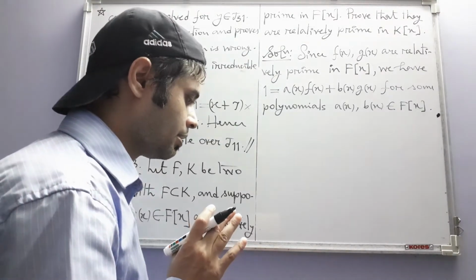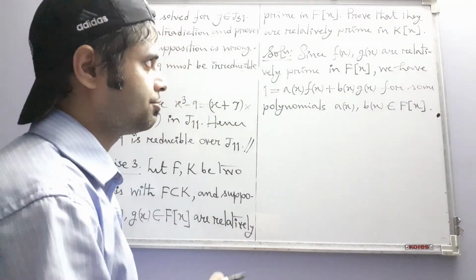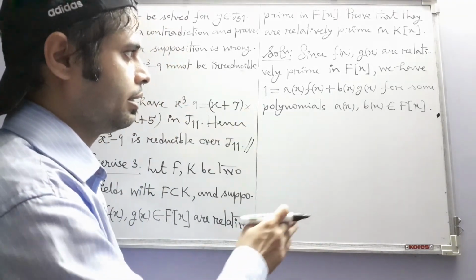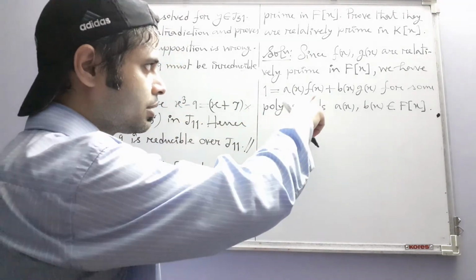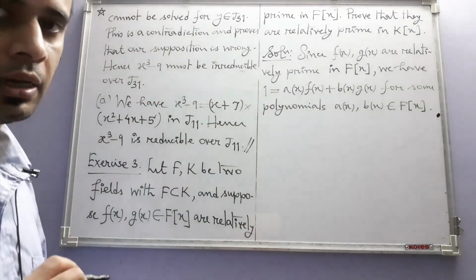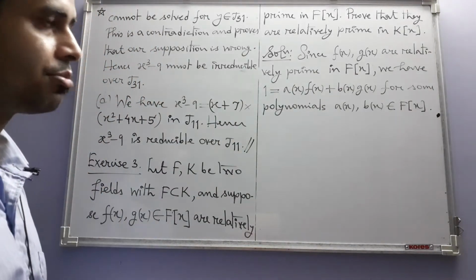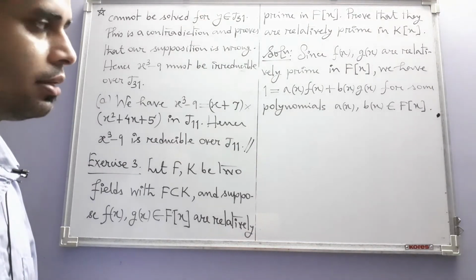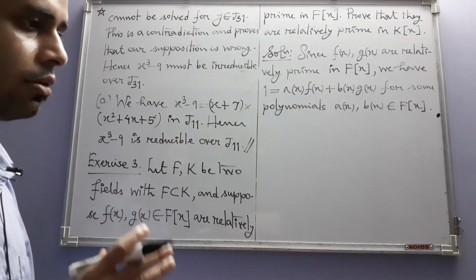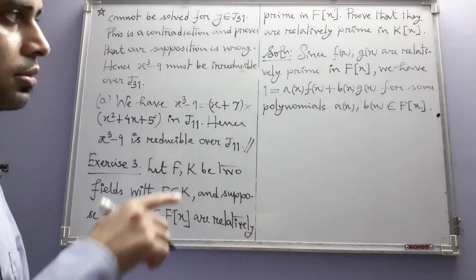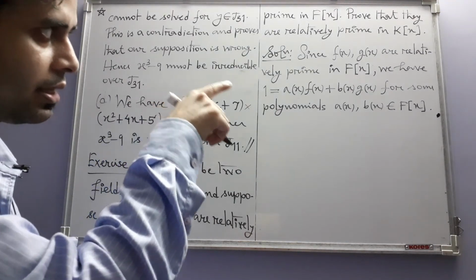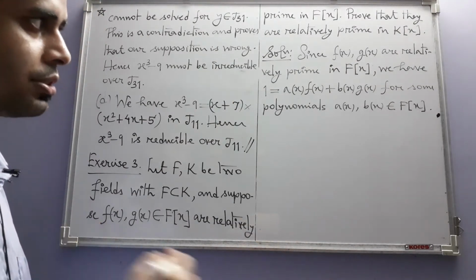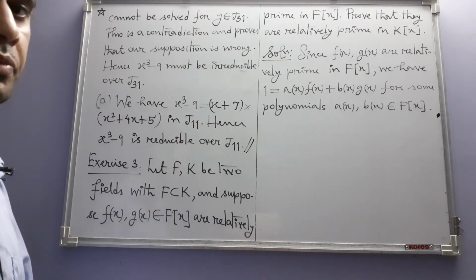It's thus enough to show that if d(x), some polynomial in K[x], divides both f(x) and g(x) in K[x], then d(x) must be itself a non-zero constant polynomial. That will tell us that the set of all common divisors of f(x) and g(x) in K[x] is the set of all non-zero field elements in K.